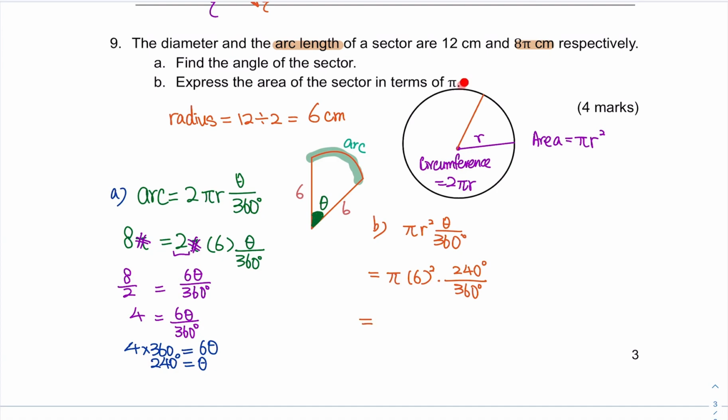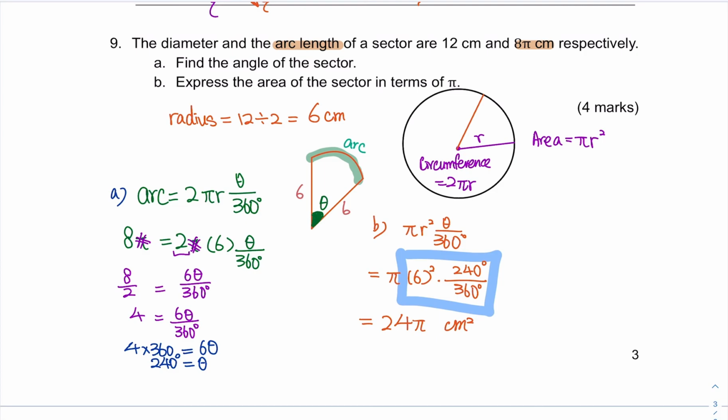You do not need to click pi in calculator because in the end you need the pi. So just click all the numbers here. So 6 squared times 240 divided by 360 and you will be able to get 24 pi. And remember to write the units, cm square. The area is square, perimeter is cm, and volume will be cm cube.